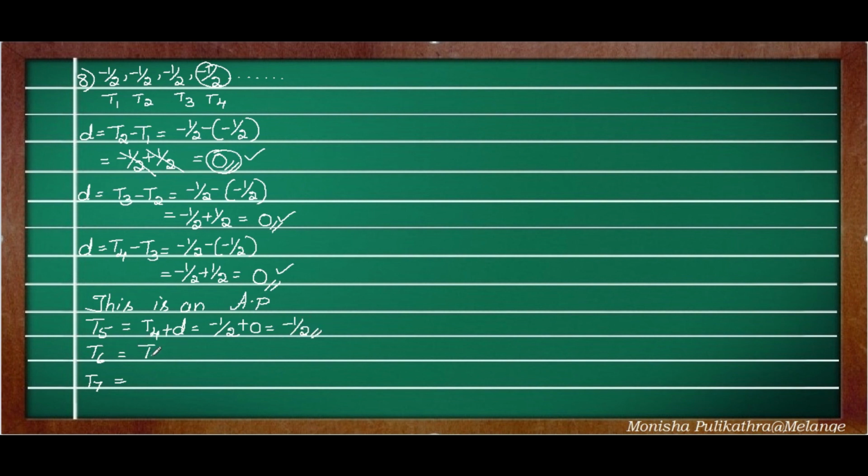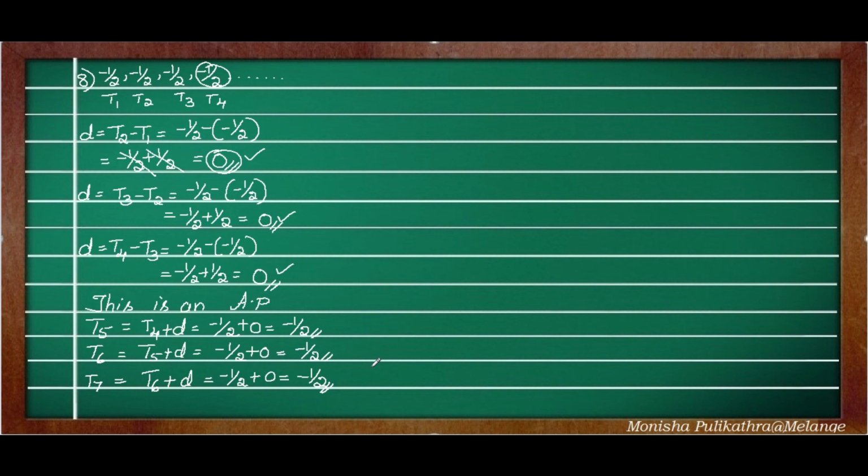Again T6 is T5 plus D, minus half plus 0, minus half itself. Next, T6 plus D, minus half plus 0, again minus half. So all the 3 terms are minus 1 by 2 itself.